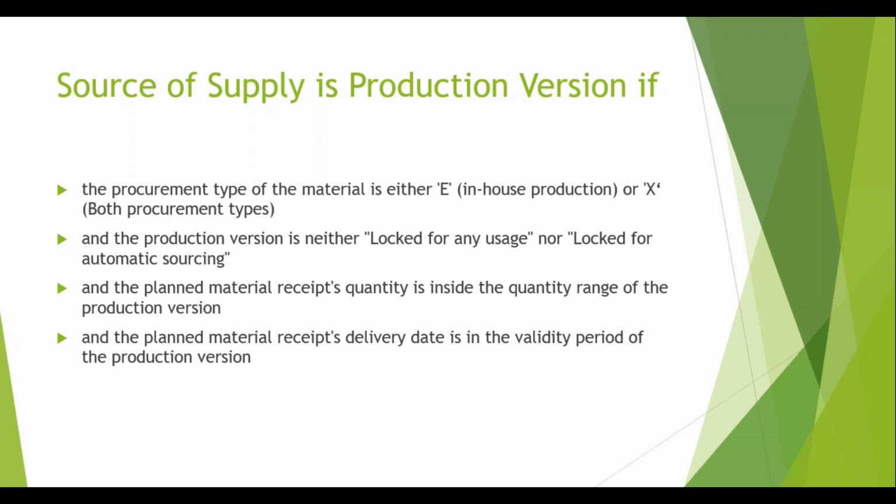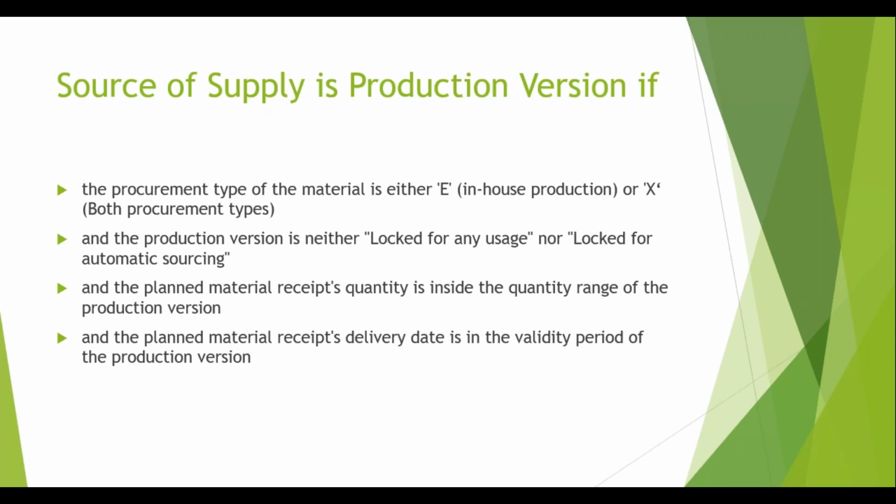So the quantity available in your production version should be more than the quantity required in your MRP run. And finally, the planned material receipt delivery date must be in the validity period of the production version. If your production version is from 1st of January 2016 to 31st of December 2016, and you run the MRP now, that is an expired production version, so that will not work.